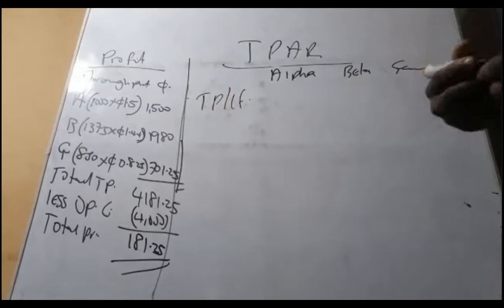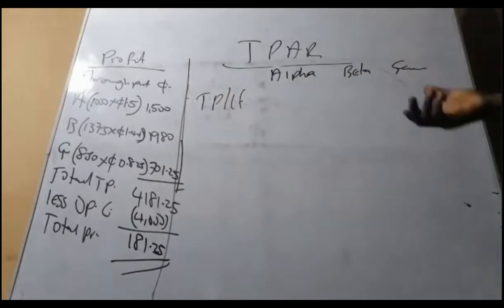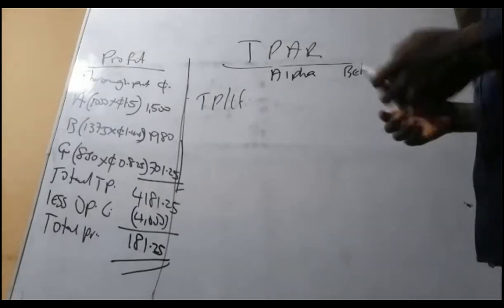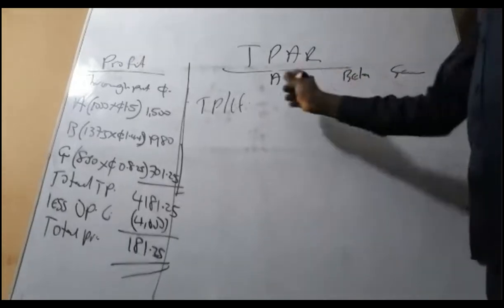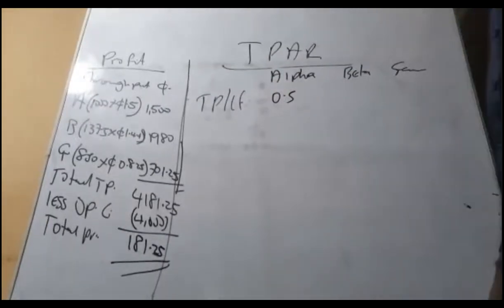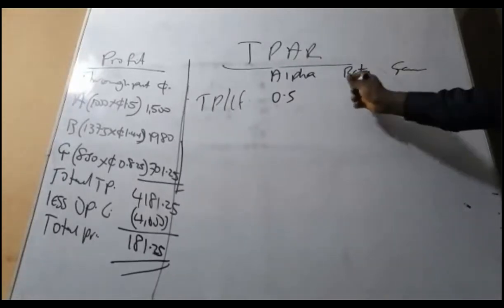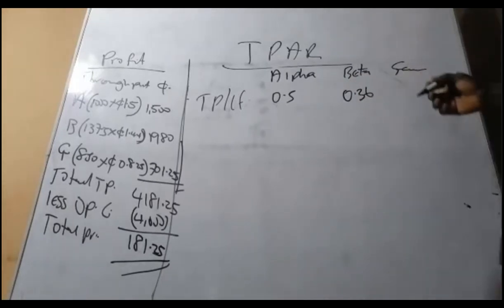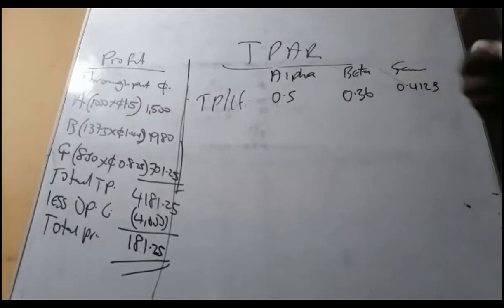We've already calculated this. That was the one that we ran. So let's go and pick those ones and put them in. Throughput per limiting factor for alpha, we have 0.5. That of beta, we have 0.36. And that of gamma, we had 0.4125.